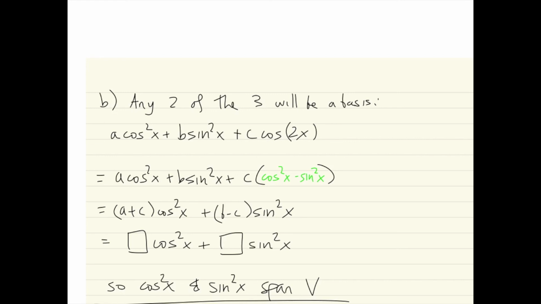But one way to do that is to choose two specific values of x and see that any alleged linear combination that adds to 0, in fact, has to be the trivial linear combination where the coefficients here and here are 0.